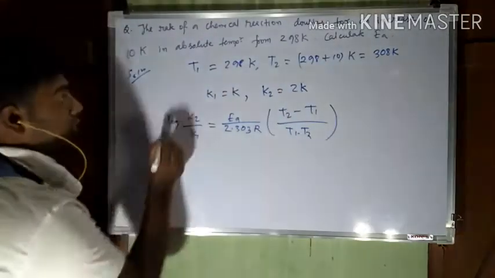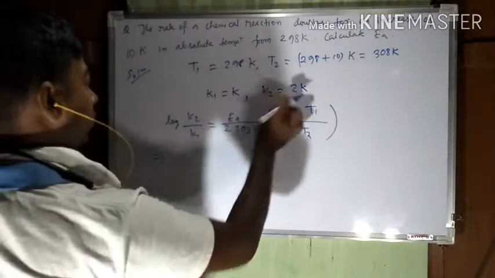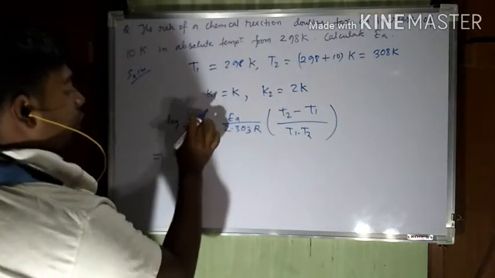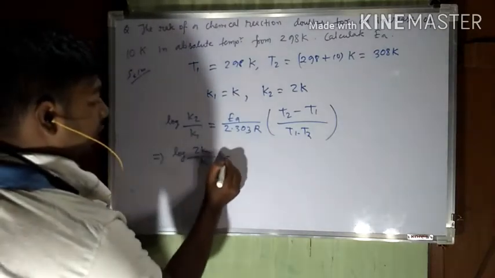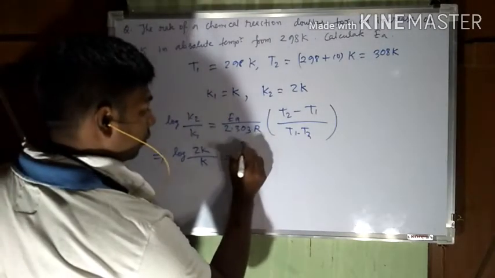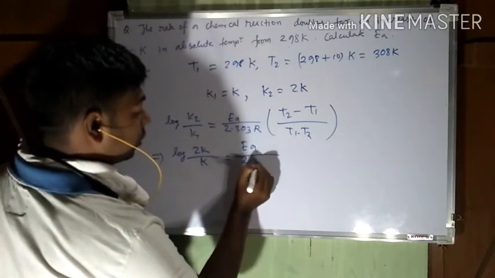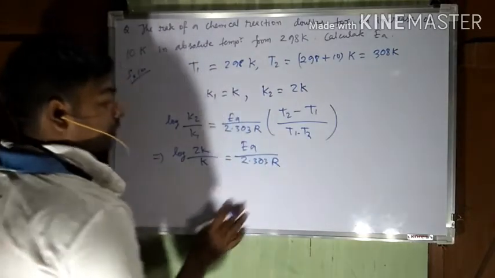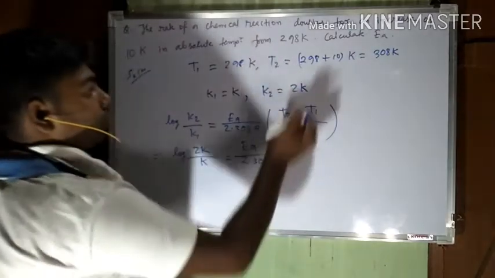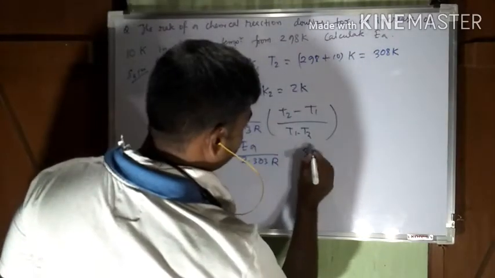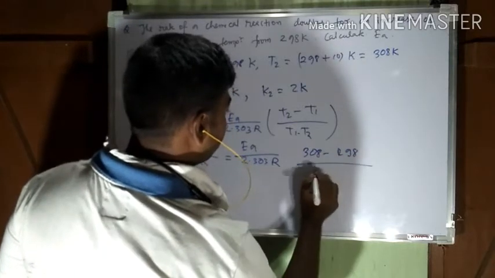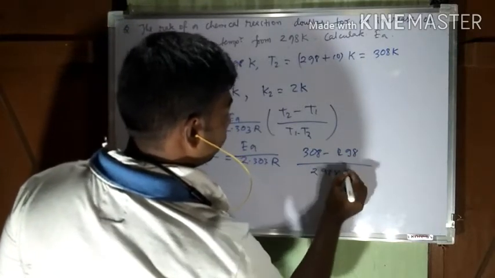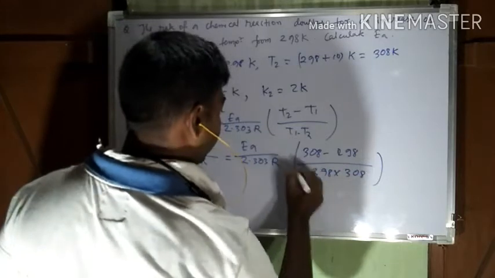Then we get log of K2, which is 2K, and K1 is single K, equals EA by 2.303 R, R is the gas constant, into T2 which is 308 minus T1 which is 298, divided by 298 into 308.